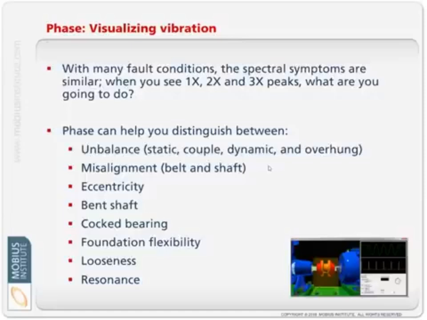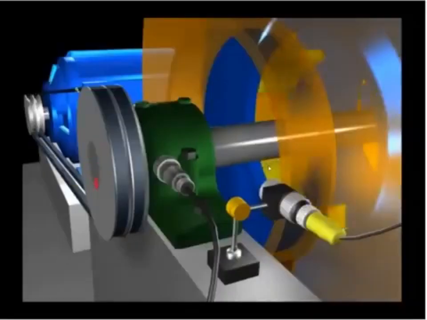And so rather than just looking at the spectrum, we can look at these phase measurements that give us an idea of the motion. We can do it in a couple of ways. This is the more difficult way. We put a piece of reflective tape on the shaft. We use this to detect the once per revolution vibration, and we compare the vibration patterns from a timing point of view.